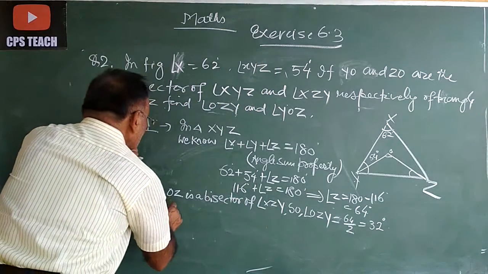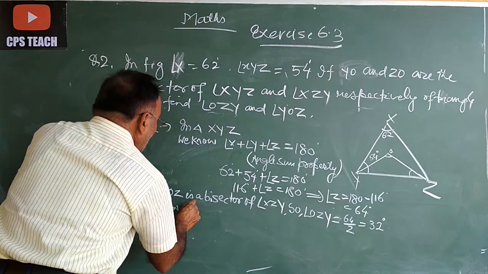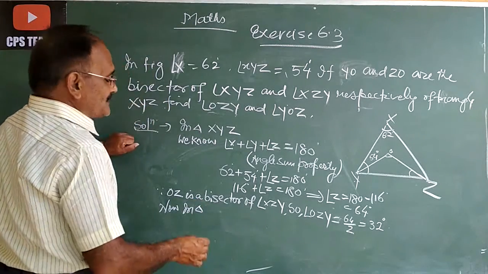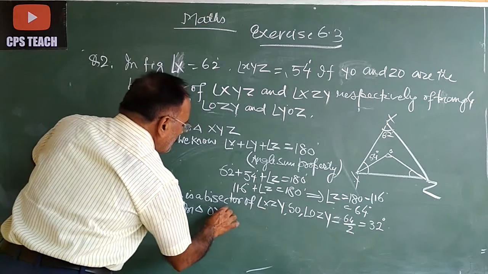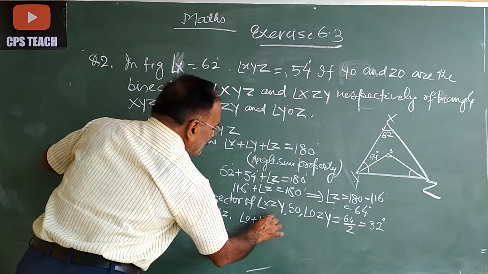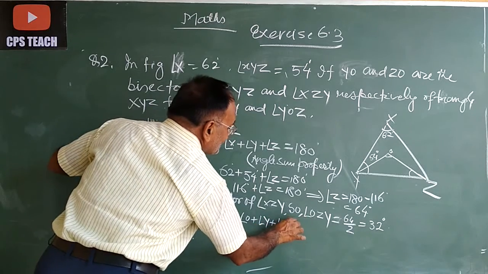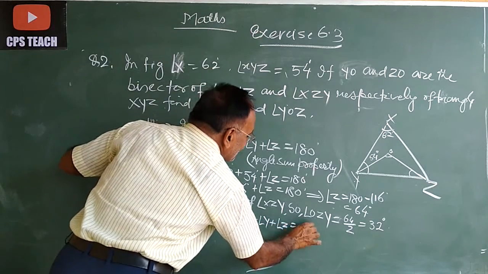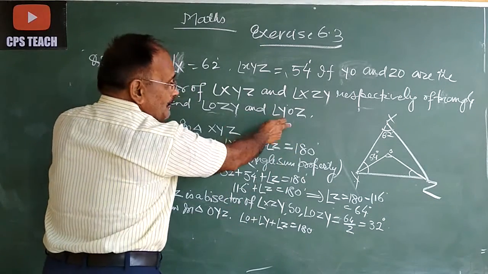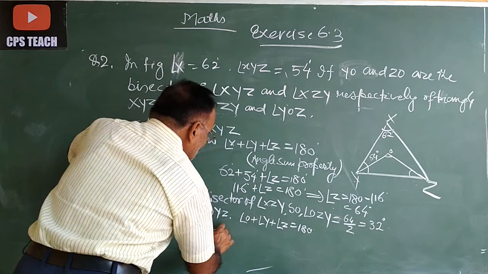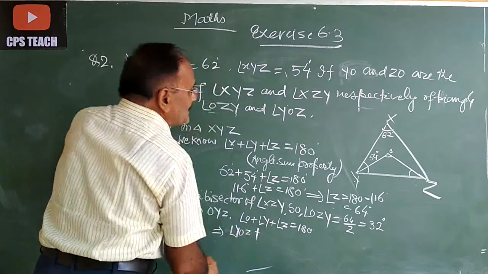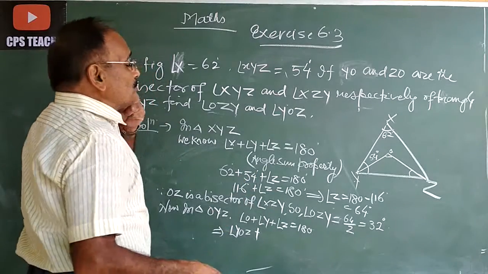Now, in triangle OYZ, angle O plus angle Y plus angle Z is equal to 180 degree. Angle O, it means YOZ. This implies angle YOZ plus angle Y is equal to 54.